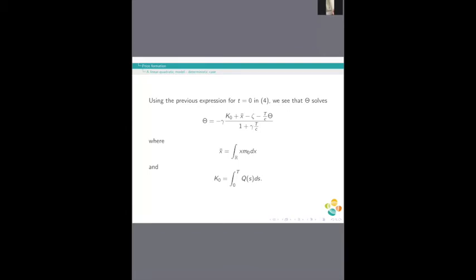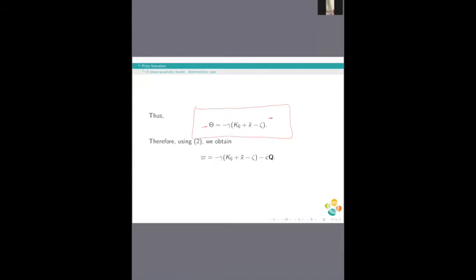This is the balance equation, which gives me theta as a function of theta, and then you can solve it, and you get some formula. So we get precisely a formula for the price. K0 is the total supply, integral from 0 to t of q. X bar is just the average, and this is your target. So this is basically what we get.